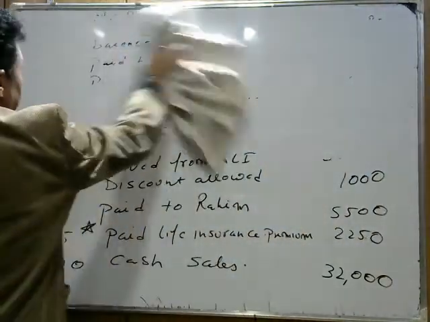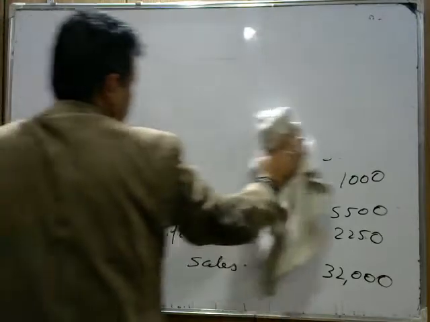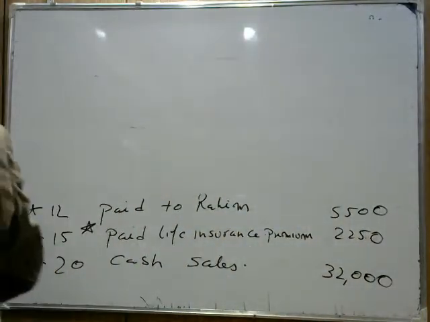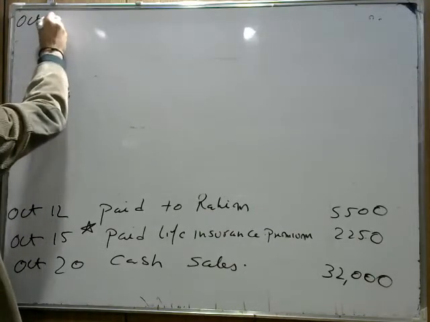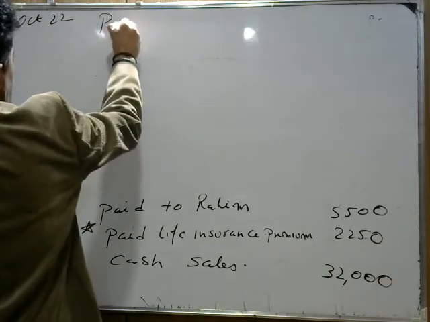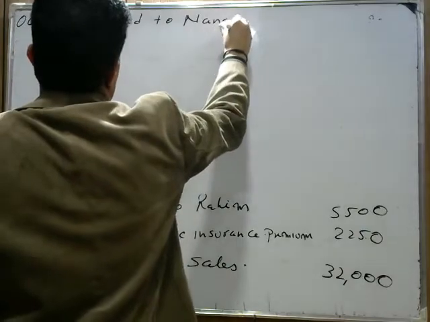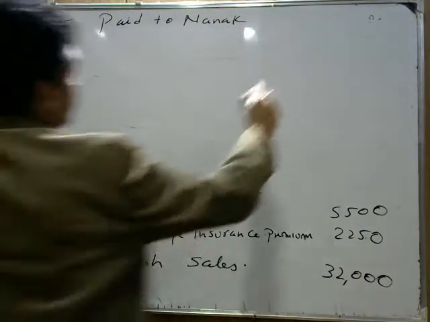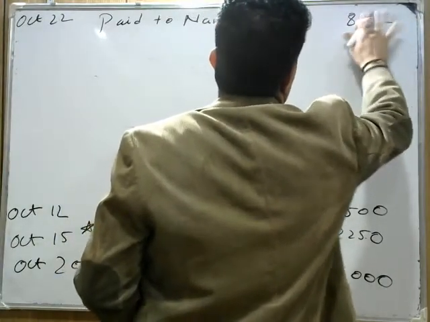Next transaction, it's on October 22nd. It mentions here paid to Nanak. You paid to Nanak 8,400.